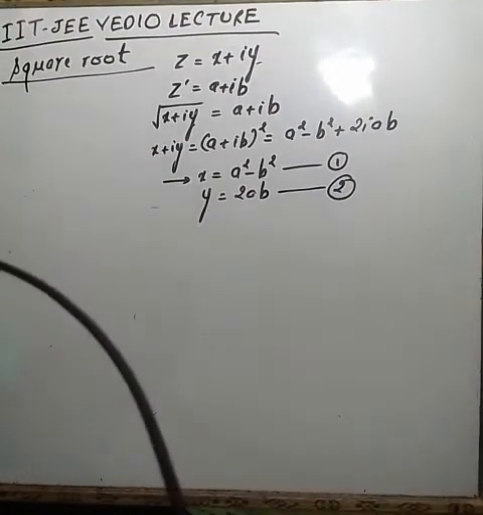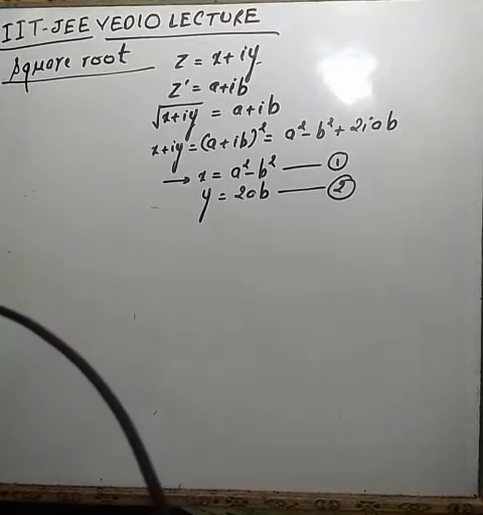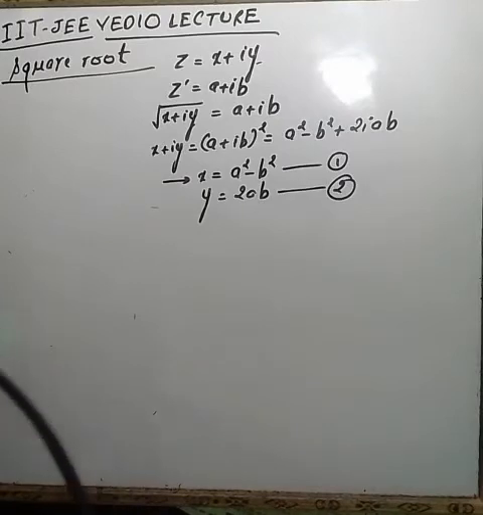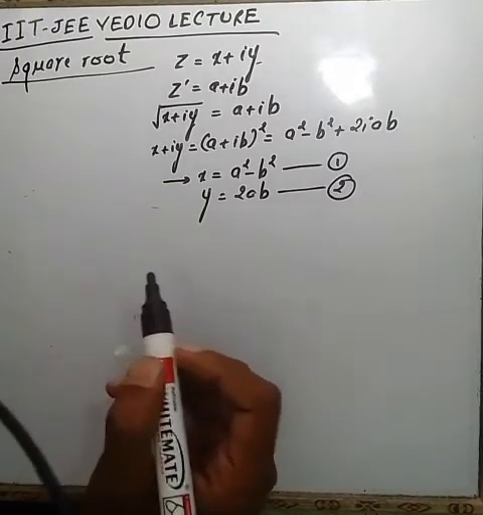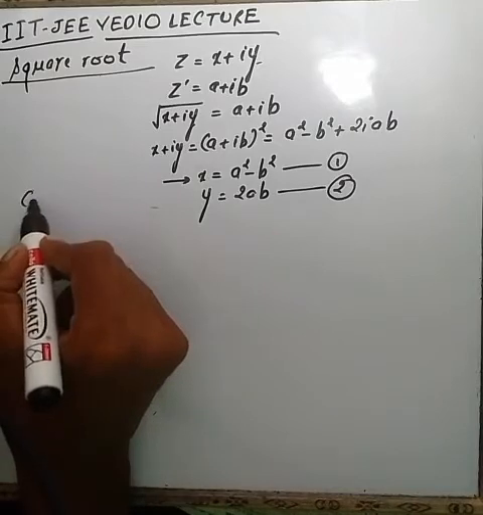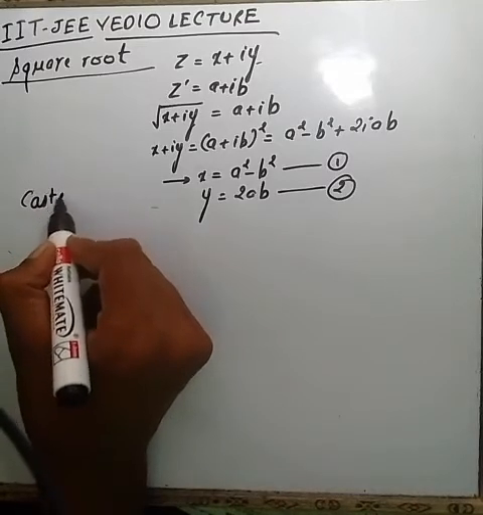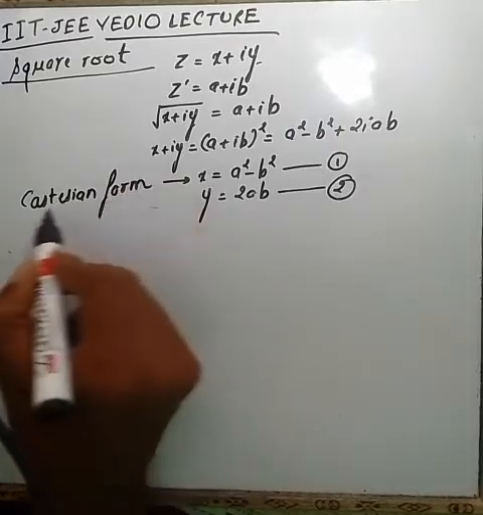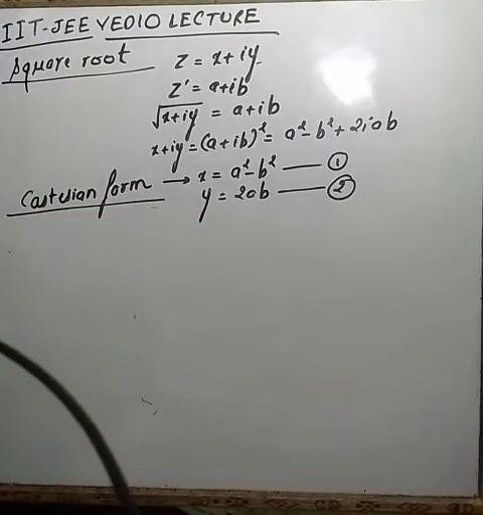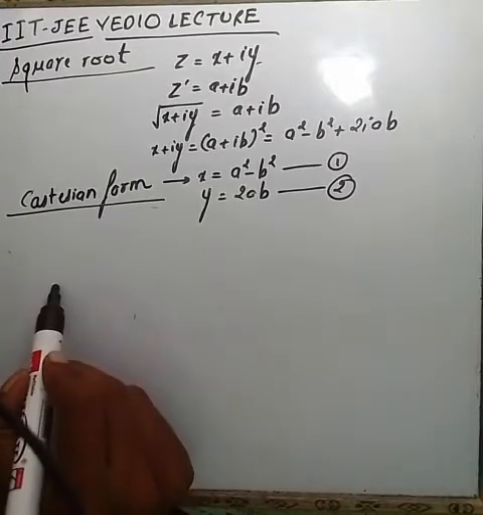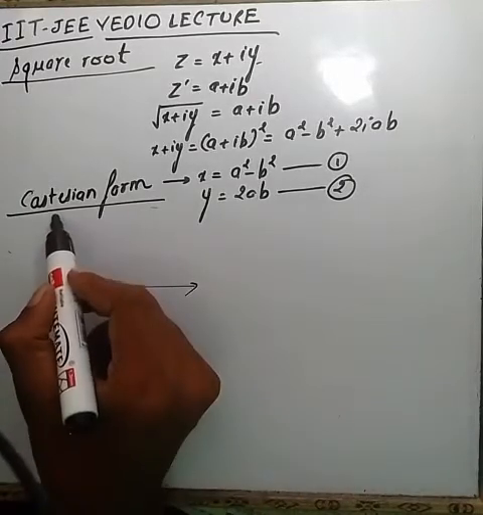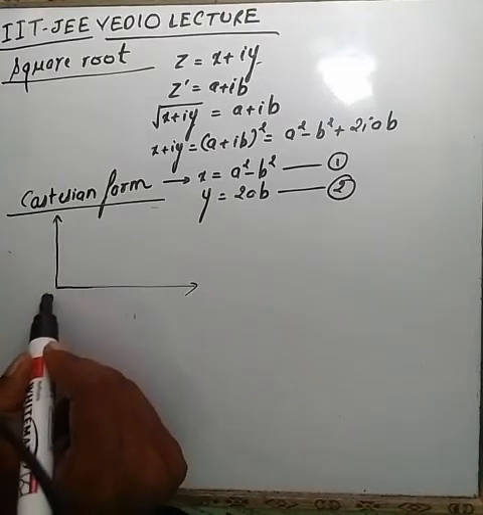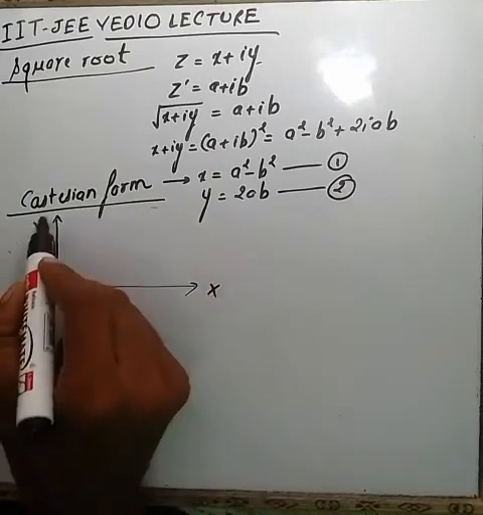So now next we will see how to represent a complex number on the xy axis, in the Cartesian form. It has origin, x and y.